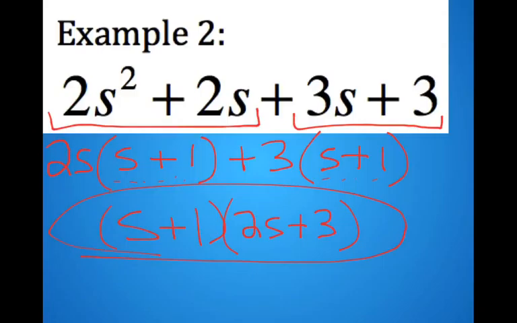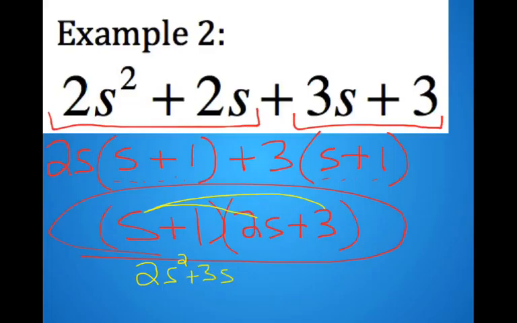Now if you want to check these, what you do is you multiply it back out. I'm not going to do this particular one, I just took up all my room. Well, maybe I will actually. So I multiply this one times this one, so that would be 2s squared, and then I multiply this one times this one, so s times 3, so that would be 3s.